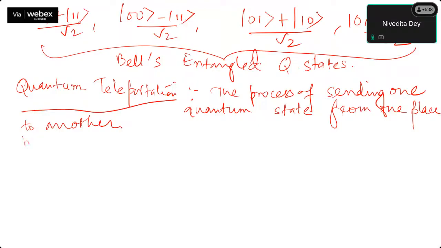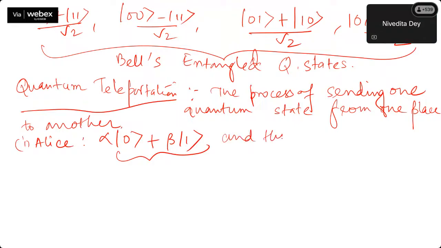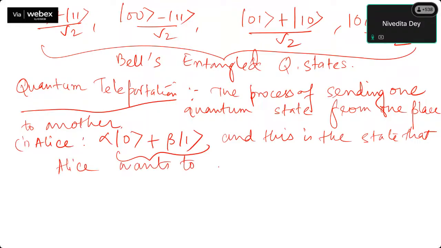This means, say, Alice and Bob are at the two ends of the communicating channel, and Alice has a state alpha ket 0 plus beta ket 1, some arbitrary state, and this is the state that Alice wants to send to Bob.